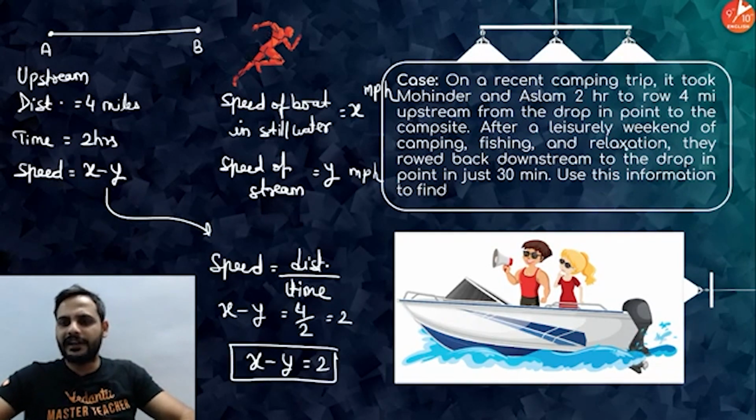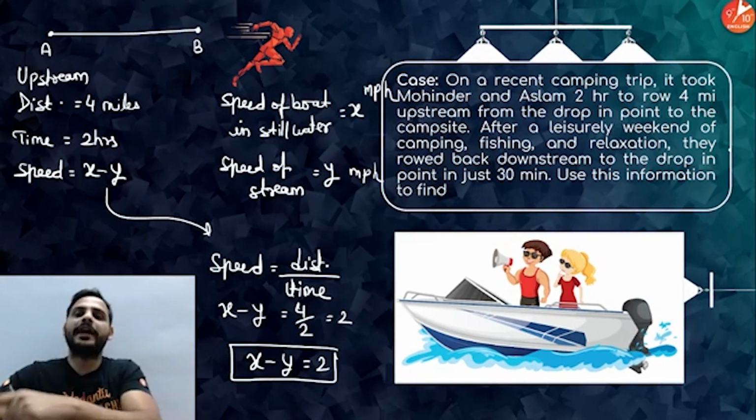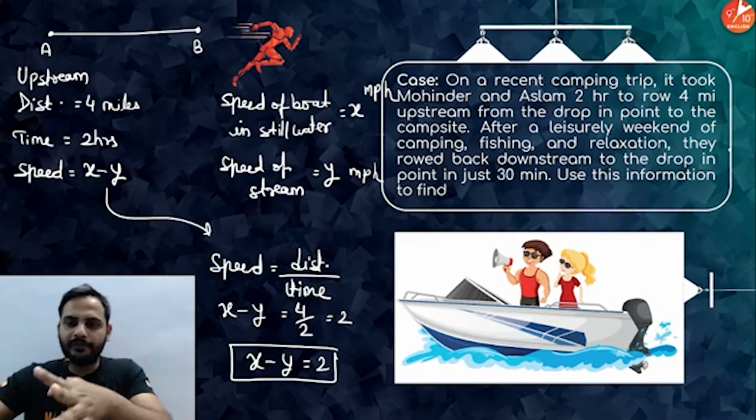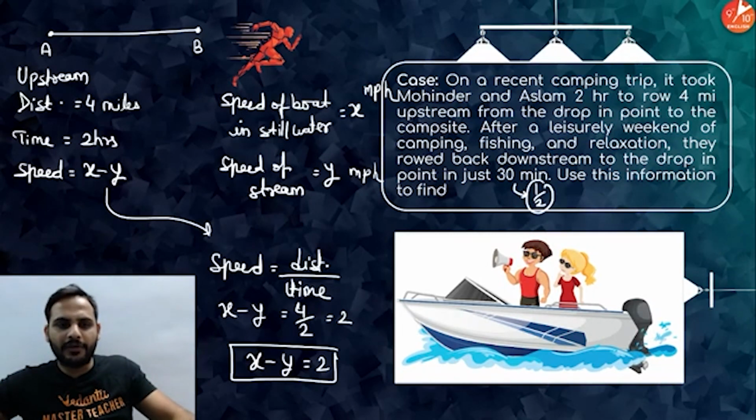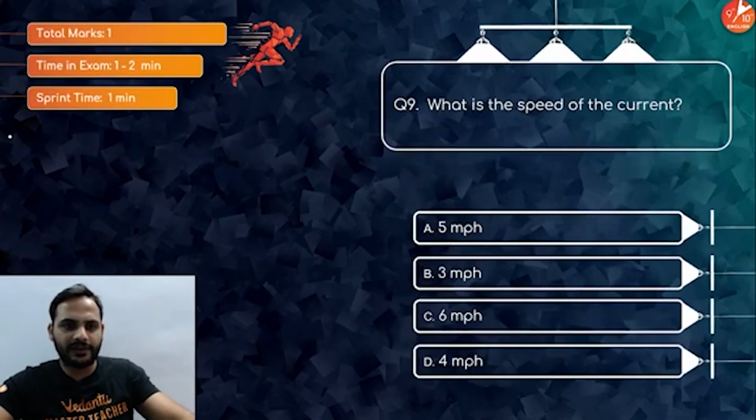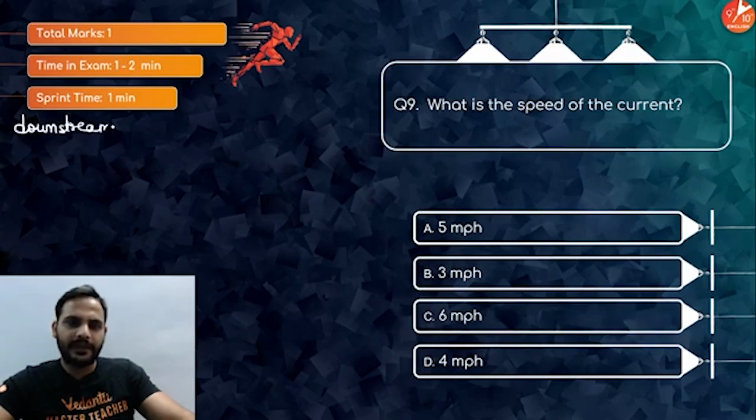Similarly, after a leisurely weekend of camping, fishing, and relaxation, they rowed back downstream to the drop-in point in just 30 minutes. 30 minutes means what, beta? Half hour. If I talk about the downstream case, the distance will remain the same, 4 miles.